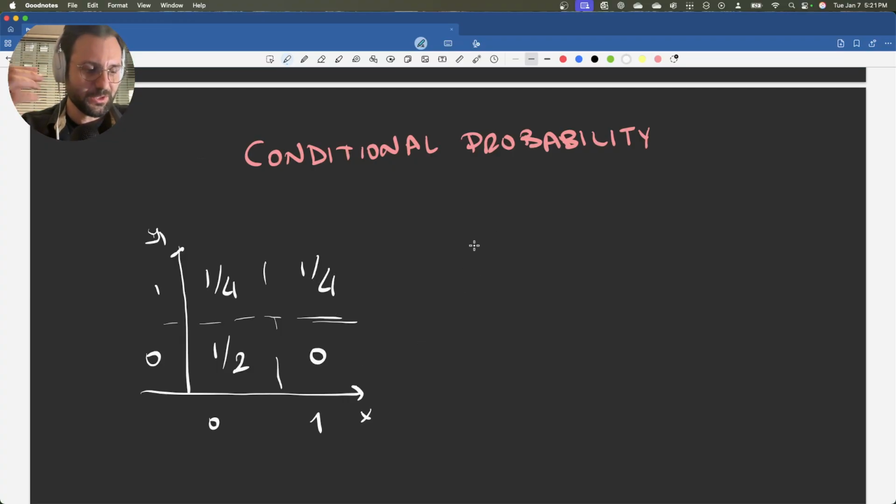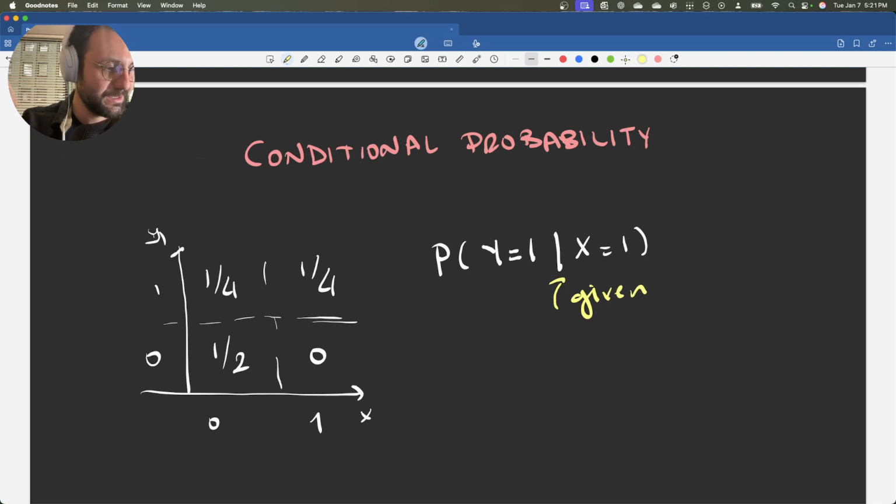So what is the probability of y equal to 1, given x equal to 1? This is how it's pronounced: given.